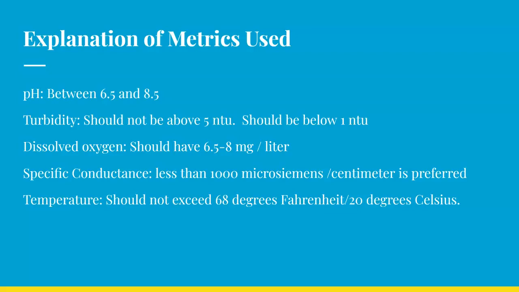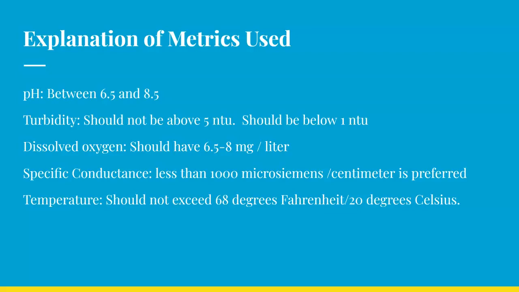And specific conductance looks at when compounds are dissolved in water, their negative or positive ions are dispersed in the water, and so specific conductance shows the ability of those ions to conduct electricity. So high specific conductance means that there are high levels of ions dissolved in the water, and that may be from unhealthy chemicals or compounds.